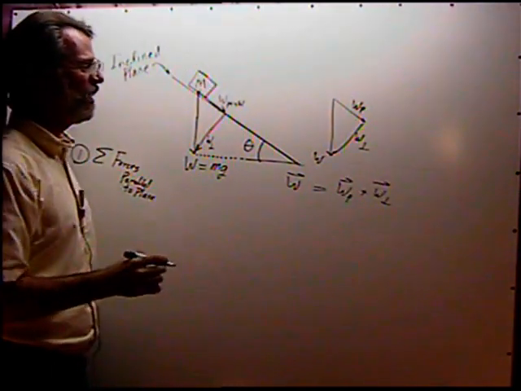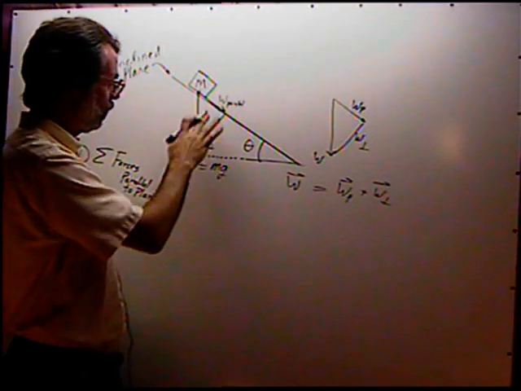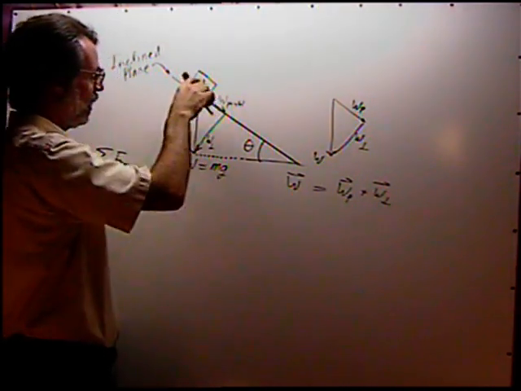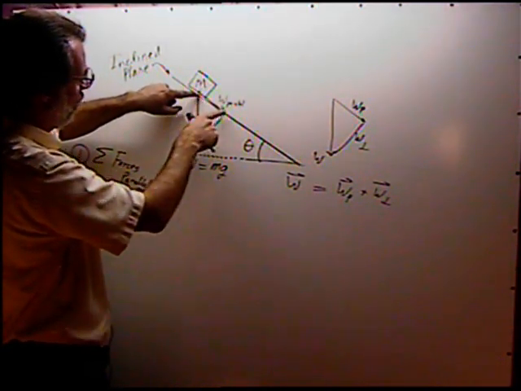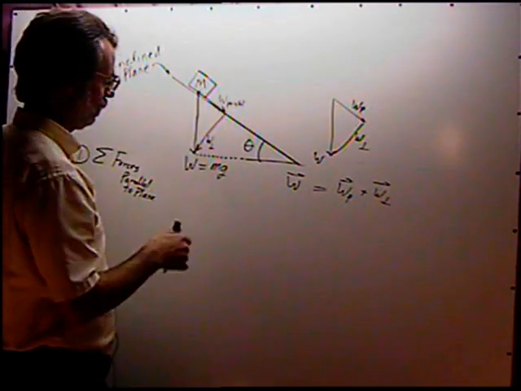We haven't changed the weight. Remember, we can take a vector and break it up any way we want to. What we're doing here is breaking it up into a force that's parallel to the plane and a force that's normal or perpendicular to the plane.